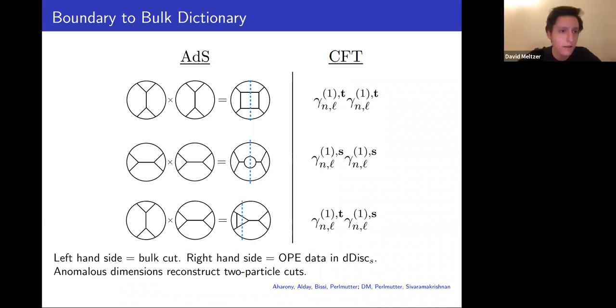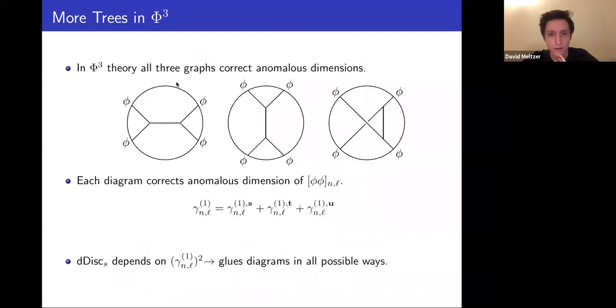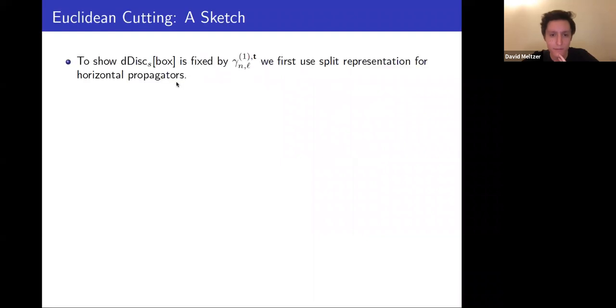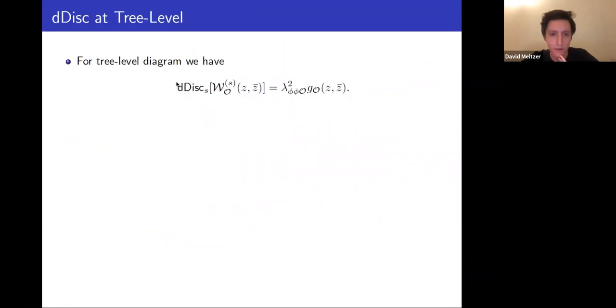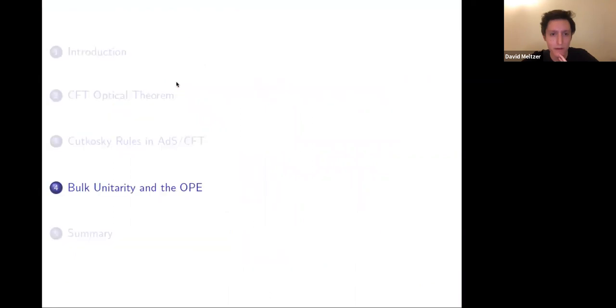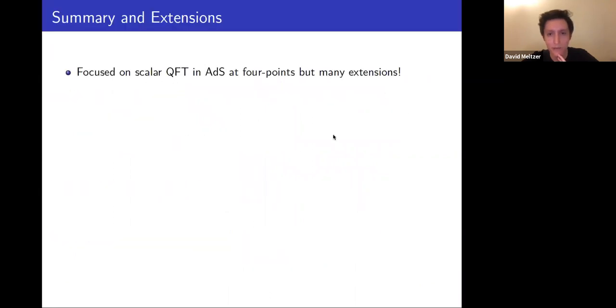But sorry, this is really just to explain the connection between the anomalous dimensions and what diagrams loop together. This is not a precise map. The precise map is going all the way back to the Cutkosky rules. Something like this is the precise map.